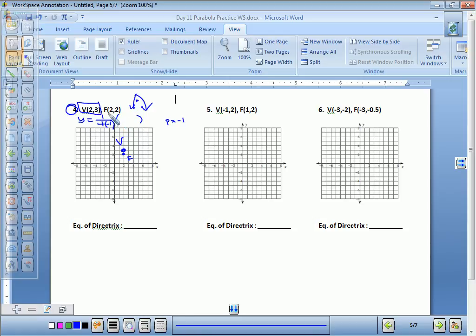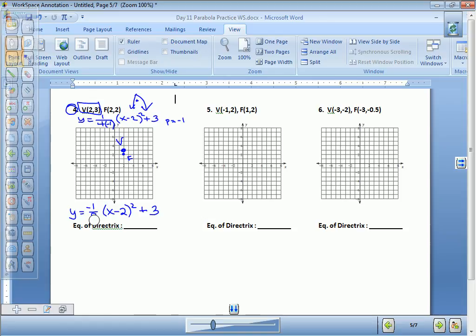Because the vertex is not 0, 0, this is x minus the x value plus the y. So this equation becomes y equals -1/8 x minus 2 squared plus 3.